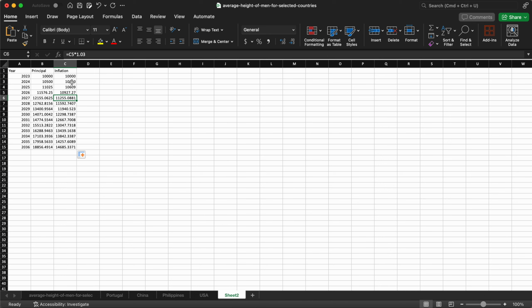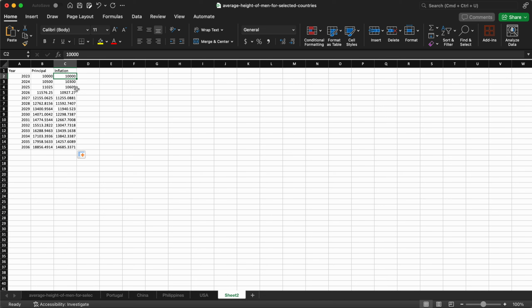Okay, now how do we interpret this? So basically, this $10,300 after 1 year is saying that what you could have bought in 2023 with $10,000, let's say it was 10 $1,000 surfboards, okay?